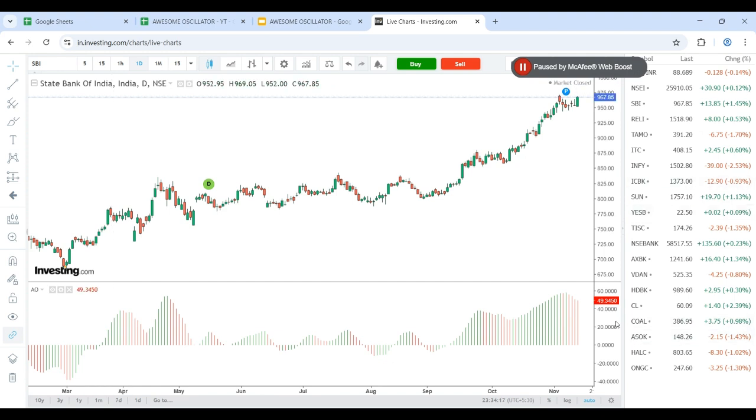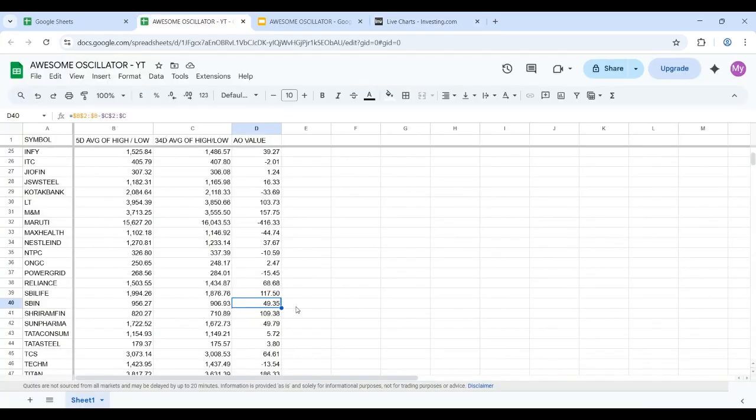Yeah, 49.3450 something. 49.3450. Here also you can see the Awesome Oscillator indicator, 49.3450. 49.35.